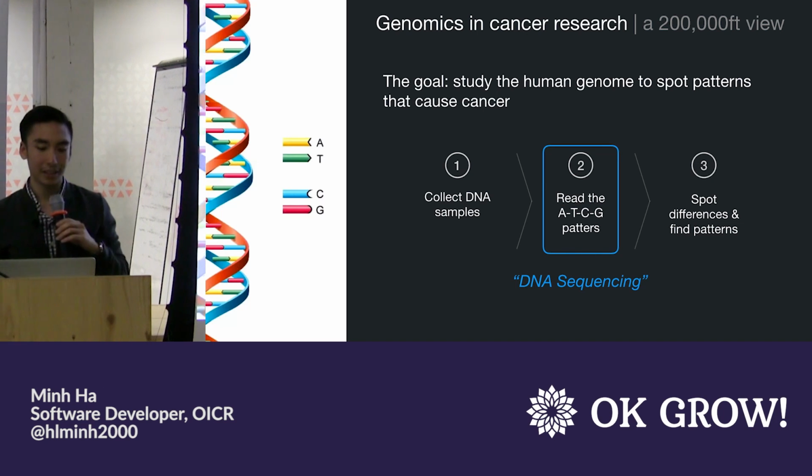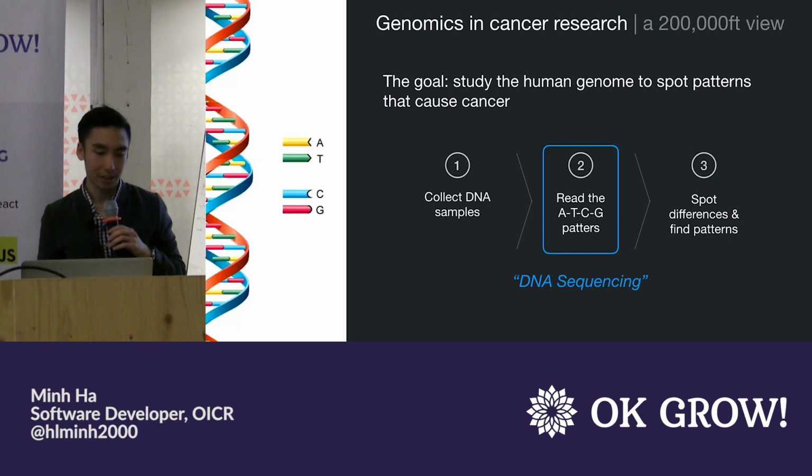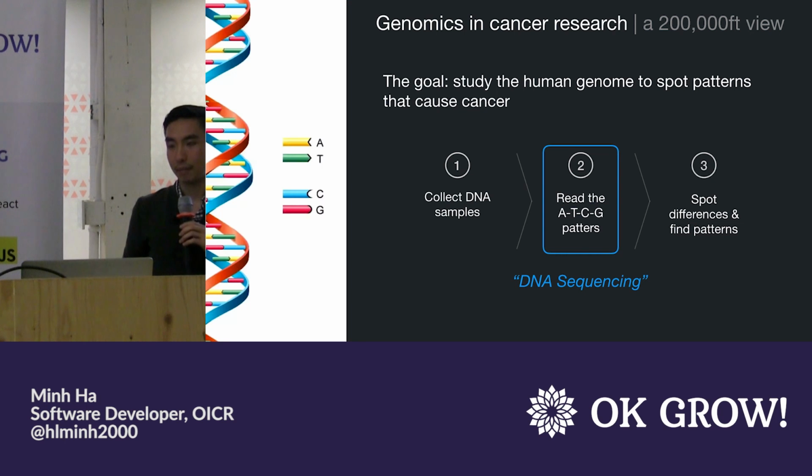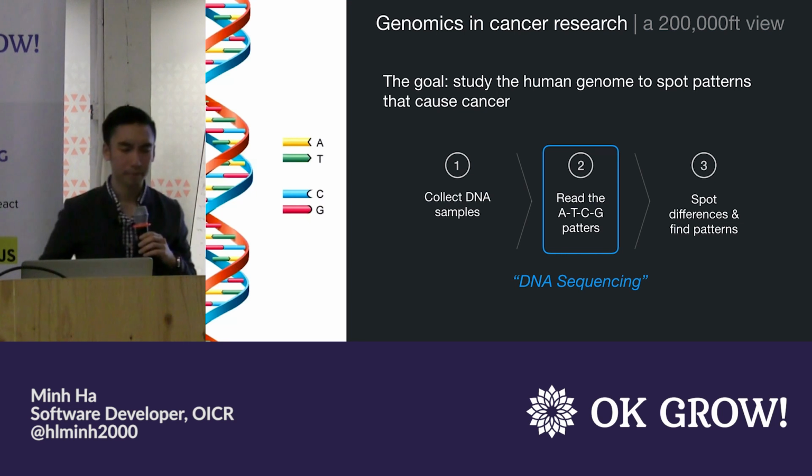To study human DNA, we need to collect the samples, read the patterns in a process we call DNA sequencing, and then spot the differences in patterns.